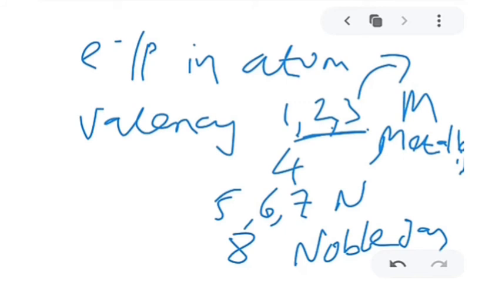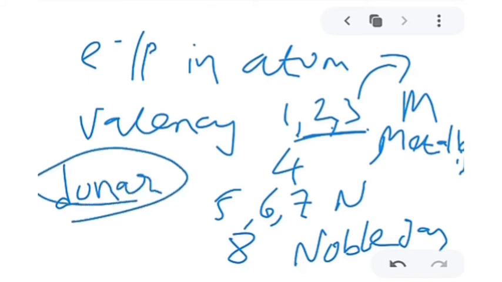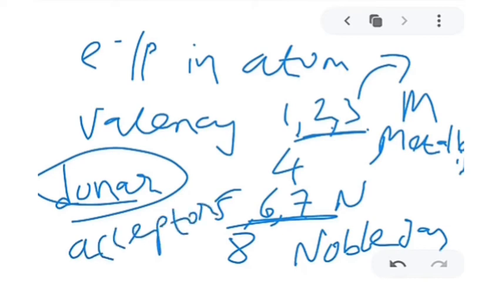That is, they are called electron donors. These electron donors are called metals. If there are 5, 6 or 7, they will accept electrons. These electron acceptors are called non-metals.